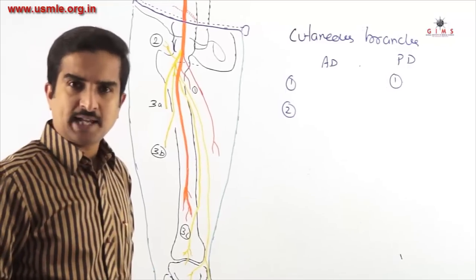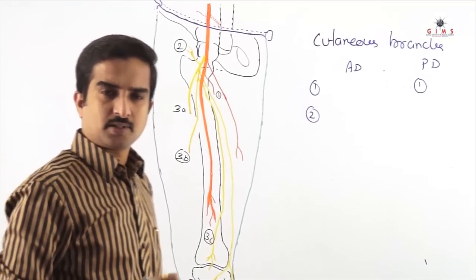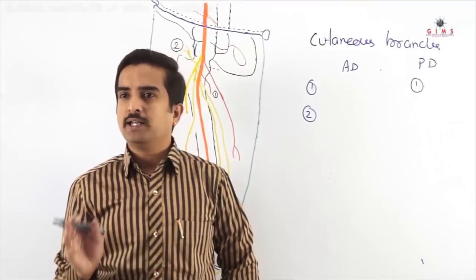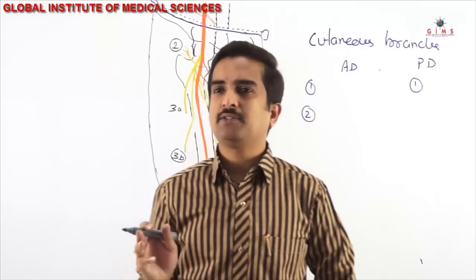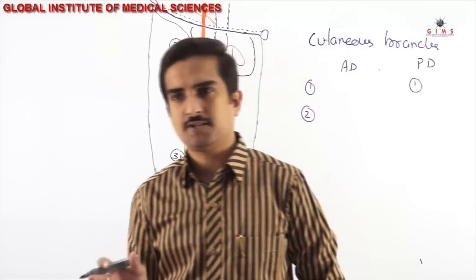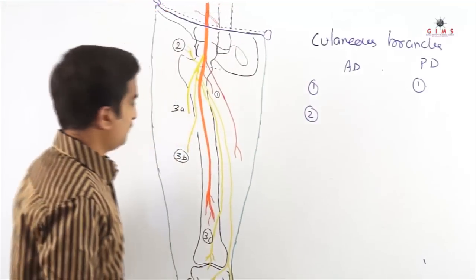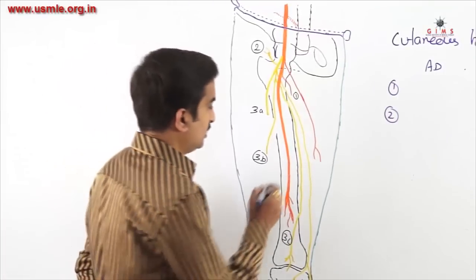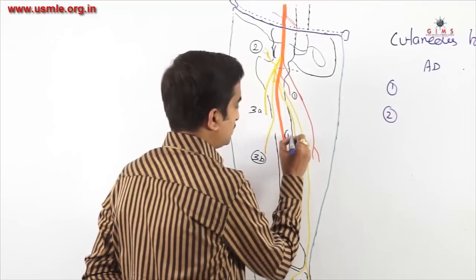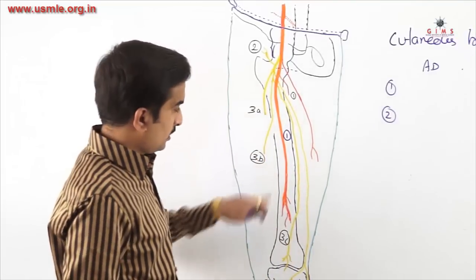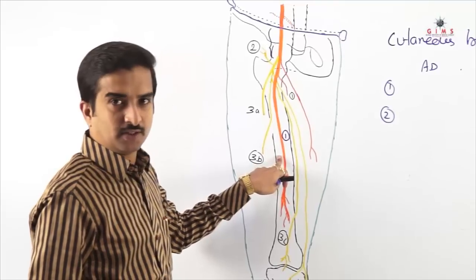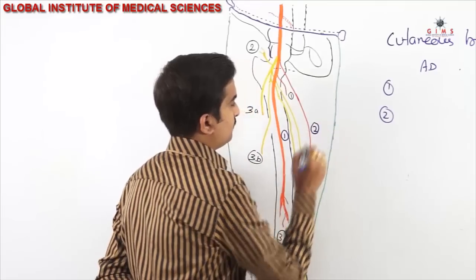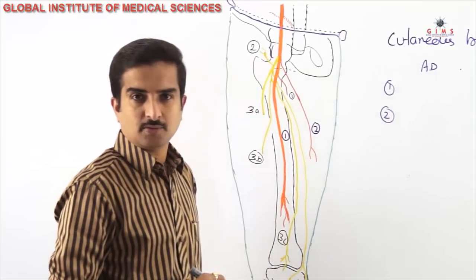The cutaneous branches which are supplied by the anterior division are the intermediate as well as the medial cutaneous nerves of the thigh. What are they? Intermediate as well as medial cutaneous nerves of the thigh. So here the first one is the intermediate cutaneous nerve of the thigh, and the second one is the medial cutaneous nerve of the thigh.